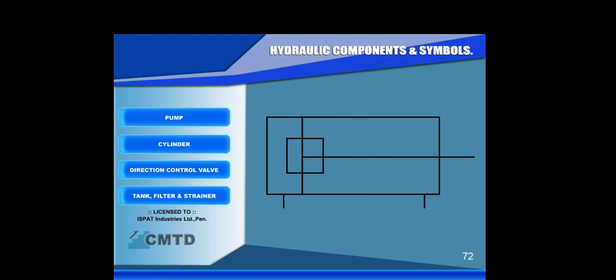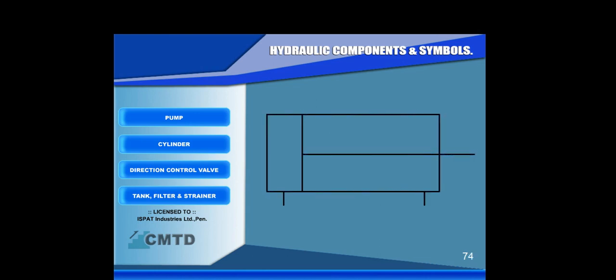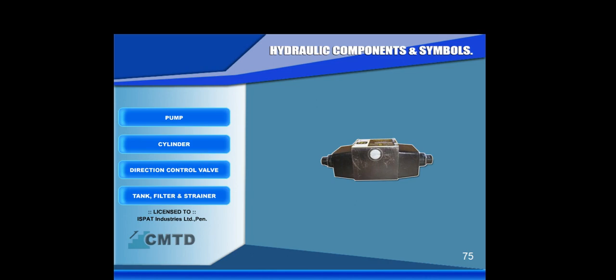In such cases, an inclined arrow is provided in the symbol. Normally, all the cylinders have variable hydraulic cushions, so it is not specifically mentioned in the symbol of cylinder. This section on cylinder is completed. In the next section, you can learn direction control valve.